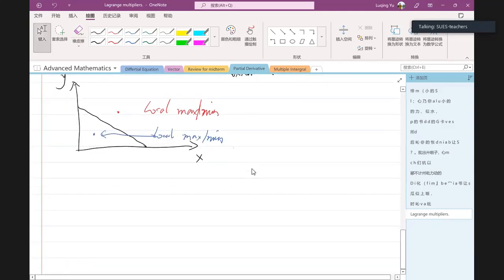But in the future, if you do want to know, you will find you have a better method. The constraint is no longer just a line.